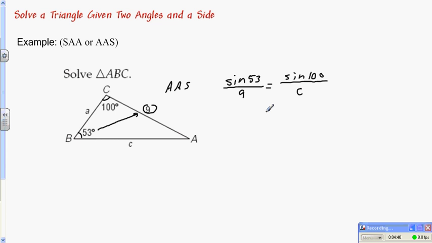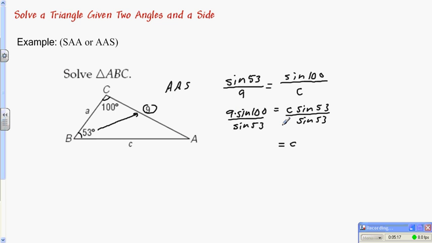If we cross multiply, I'll do this longhand for the first one: 9 times sine of 100 equals C times sine of 53, divided by sine of 53, and that is what C will equal. 9 times sine of 100 divided by sine of 53.